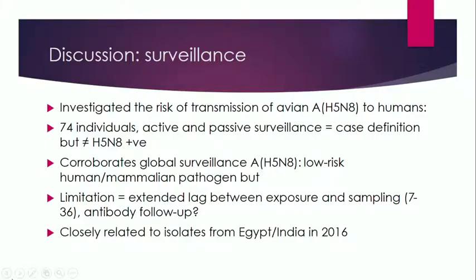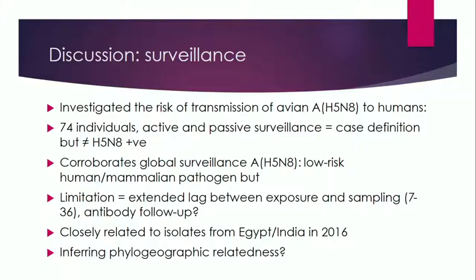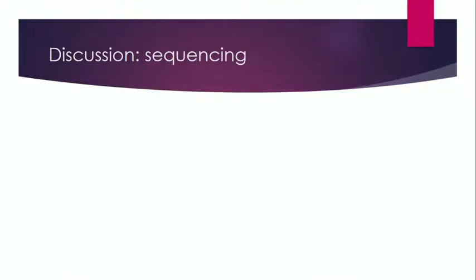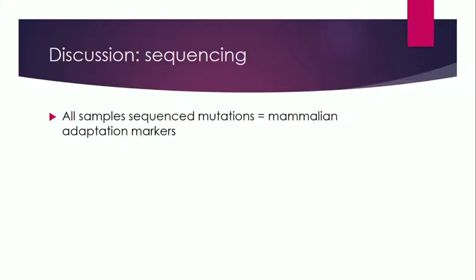Okay, and also when we found that the virus is closely related to the Egyptian or Indian viruses, it infers a phylogeographic relatedness, i.e., a genetic geographic relatedness. When we sequenced the virus, we identified some signs of mutation which would allow it to infect humans.